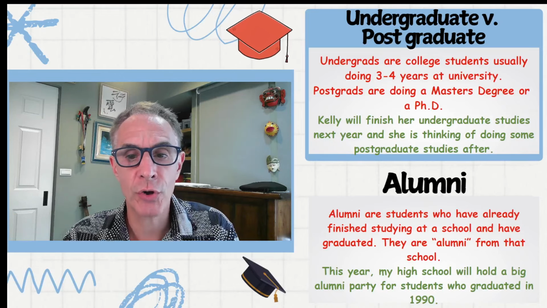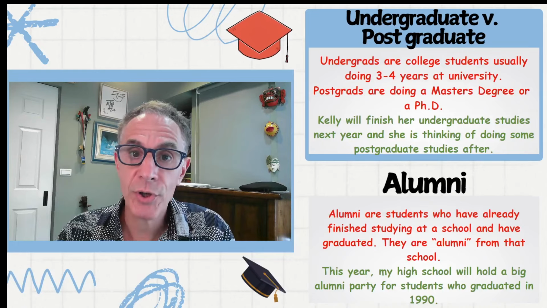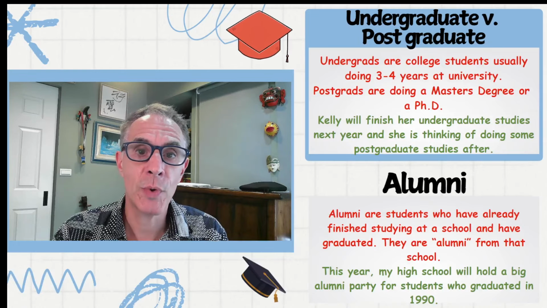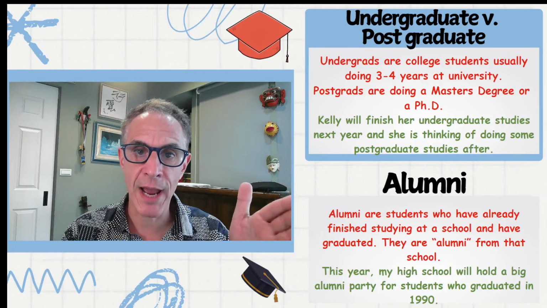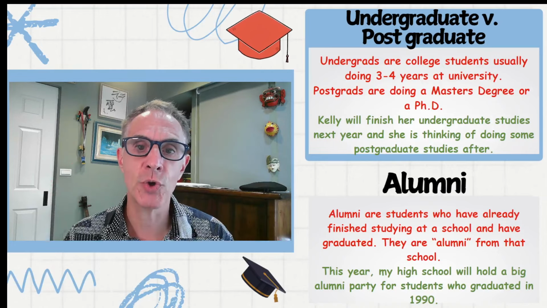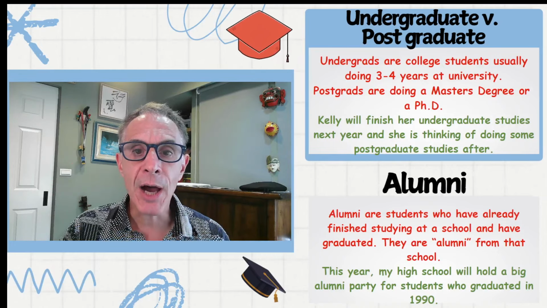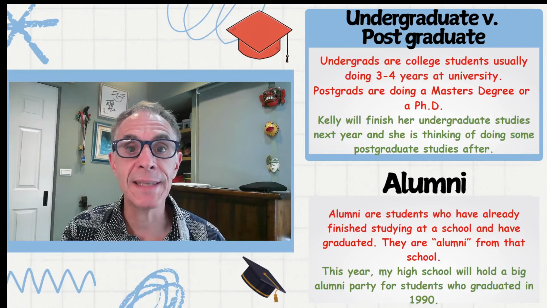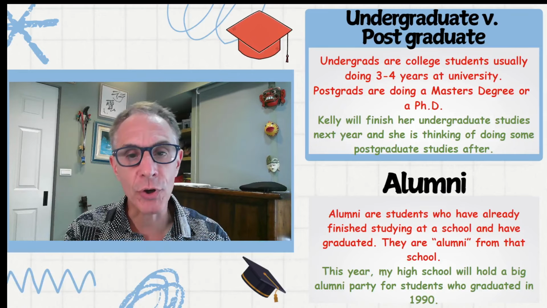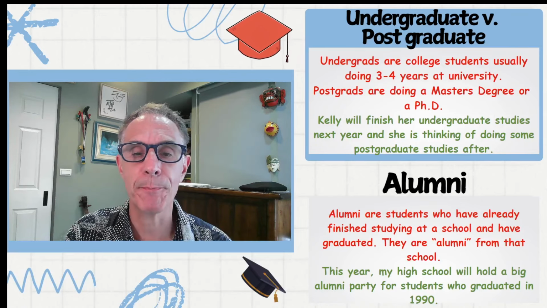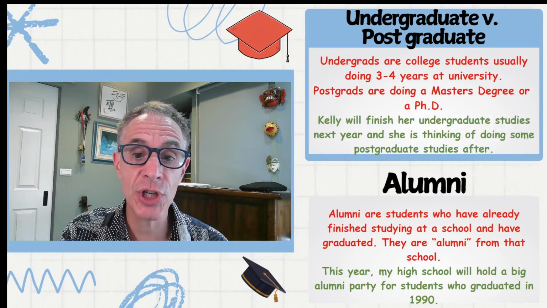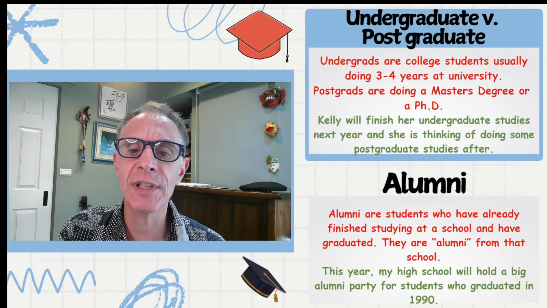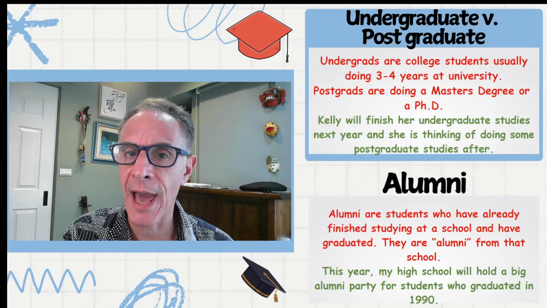Those are called undergraduates. Postgrads are doing a master's degree or PhD. So they finish undergrad and then they do postgraduate work, okay? Now, post means after, so after graduation, right? Postgraduate. So Kelly will finish her undergraduate studies next year, and she is thinking of doing some postgraduate studies after.